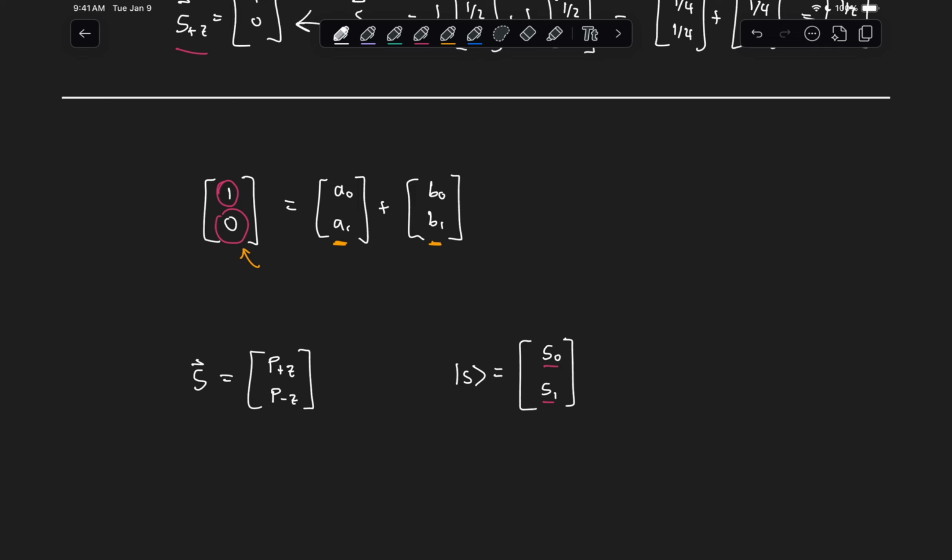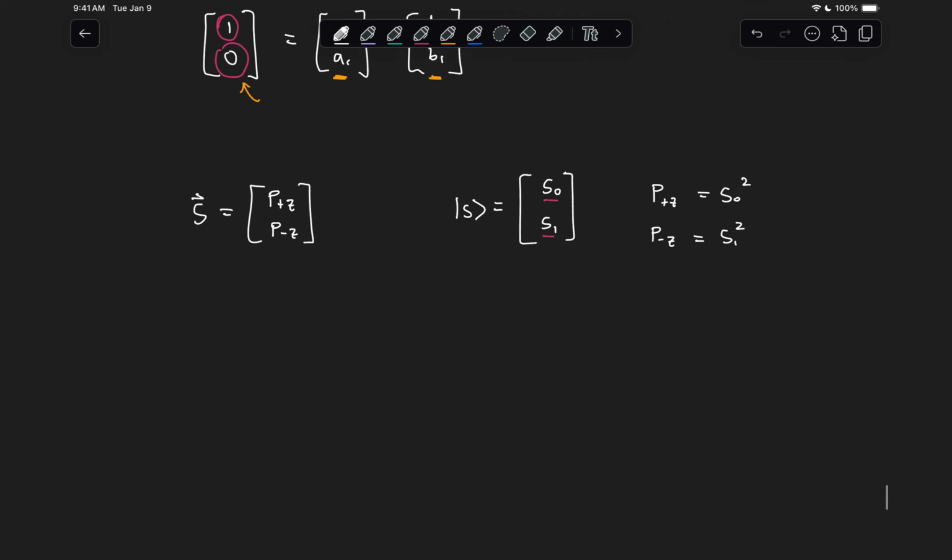Now, to make this consistent with the probabilistic observations from the Stern-Gerlach experiment, we can say that the probability of measuring an electron deflecting in the plus z direction is equal to S0 squared, and the probability of measuring deflecting in the minus z direction is S1 squared.